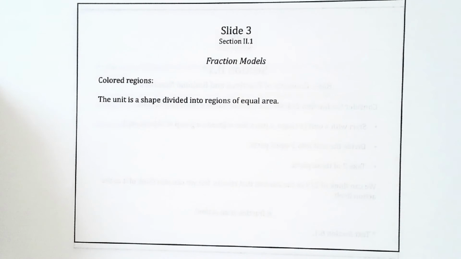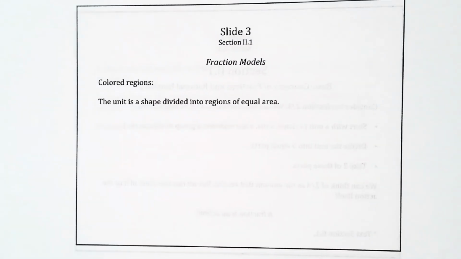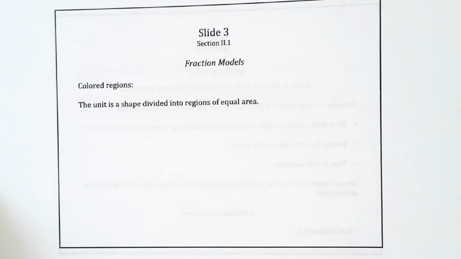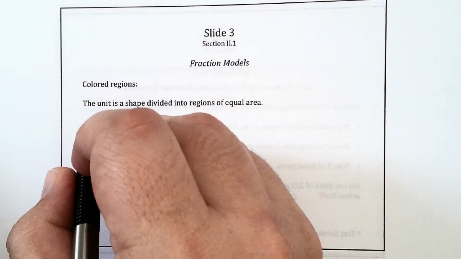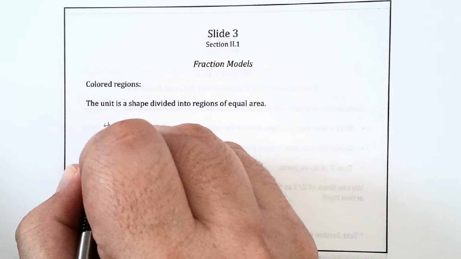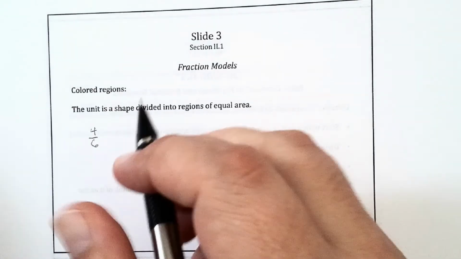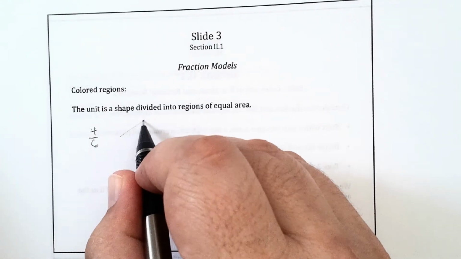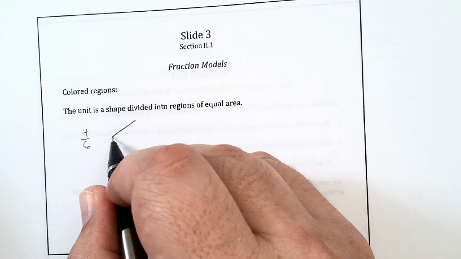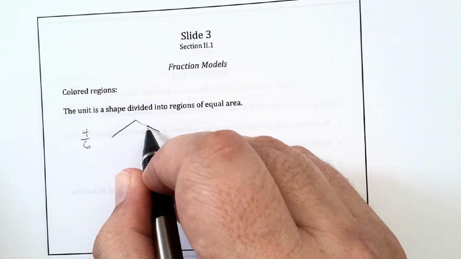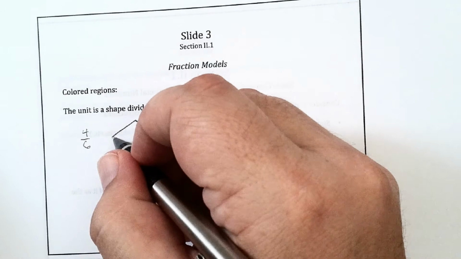So let's talk about a number of different ways to illustrate fractions. The first is colored regions. With colored regions, the unit is a shape that is divided into regions of equal area. So you could have, let's say, the fraction 4/6, 4 over 6. And you just pick a shape. I'm going to pick a hexagon, because it's over 6, but it doesn't really have to be that necessarily.